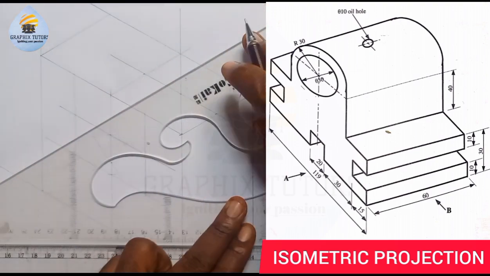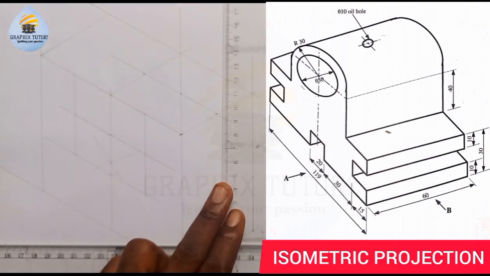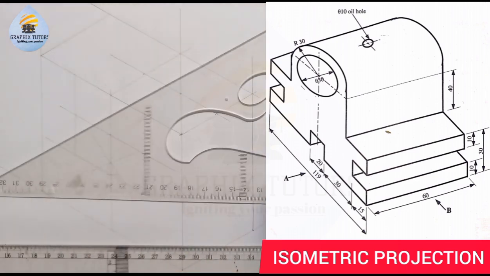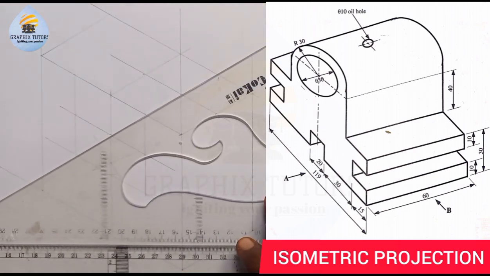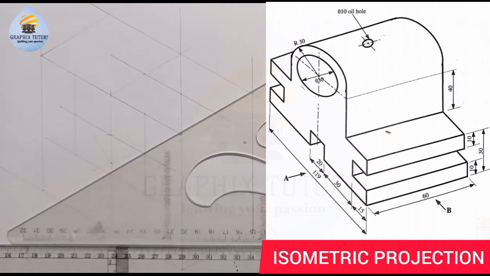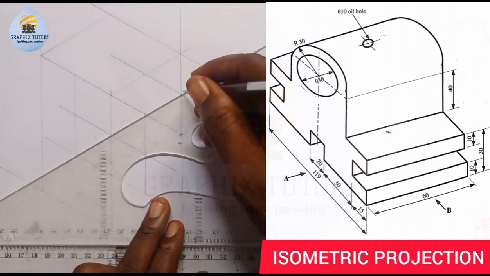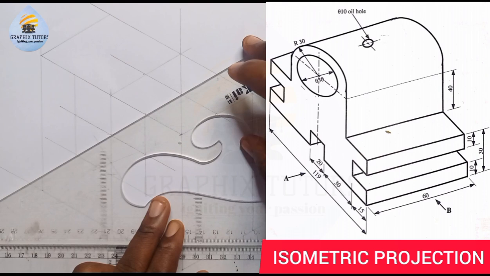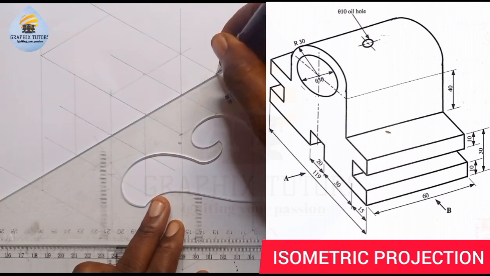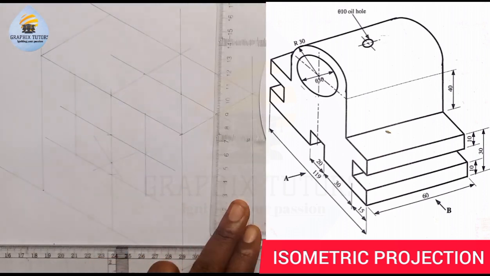All together. So what I'll do is I've already transferred this point here, right? The center point, and I've transferred this point here to this point. All good? So what I'll do is I'll bring it down.